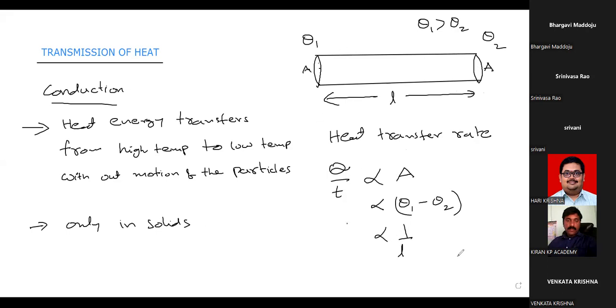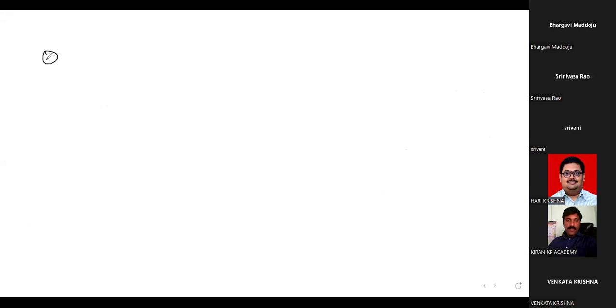Now, to remove the proportionality symbol, we get Q by t proportional to the area and temperature difference, and inversely proportional to length.